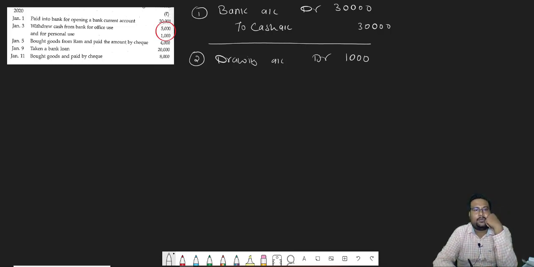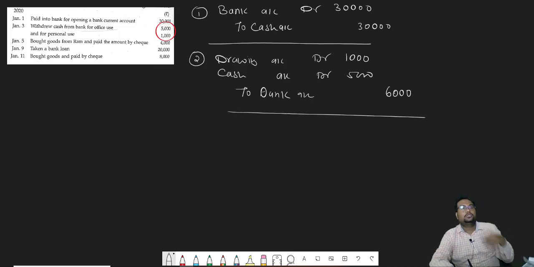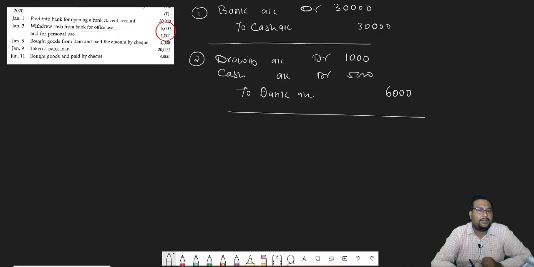And at the same time, we withdraw cash from bank for office use, so cash is coming into the office. Cash account debit 5,000. And who is giving all that? Bank. Debit the receiver and credit the giver. So to bank account, total 6,000. So first and second transaction, you understand this?